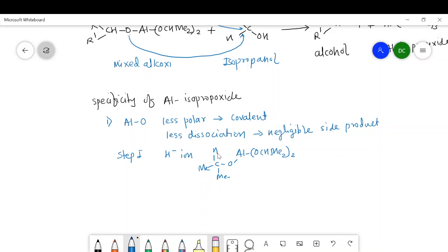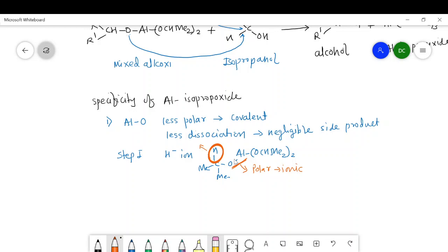Suppose the bond between aluminum and oxygen is polar in nature, that is, if there is ionic bonding, then this bond is going to break easily, and after breaking we get oxide ion. Which ion? Oxide.